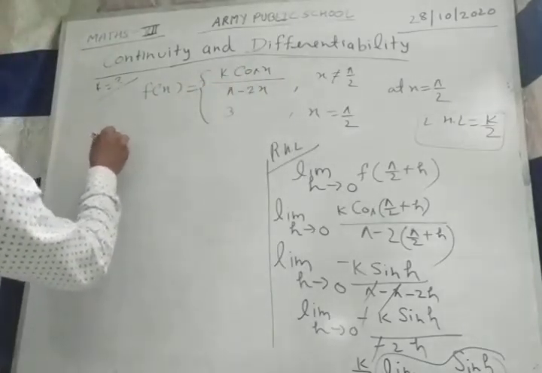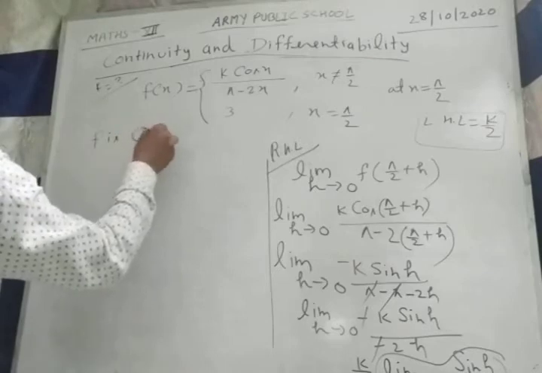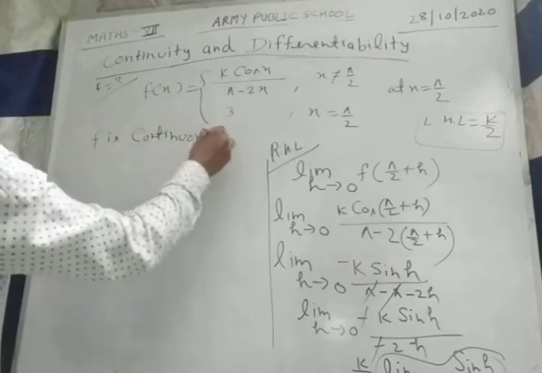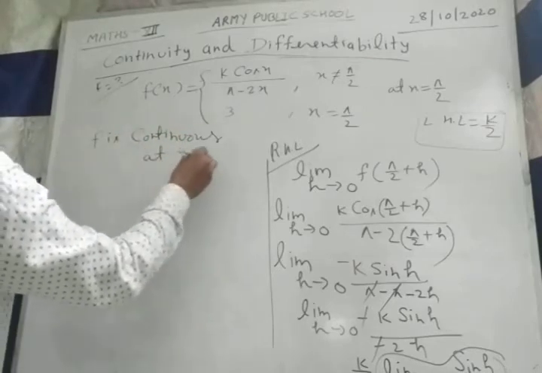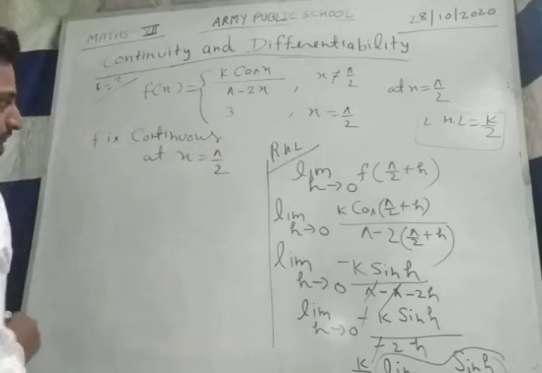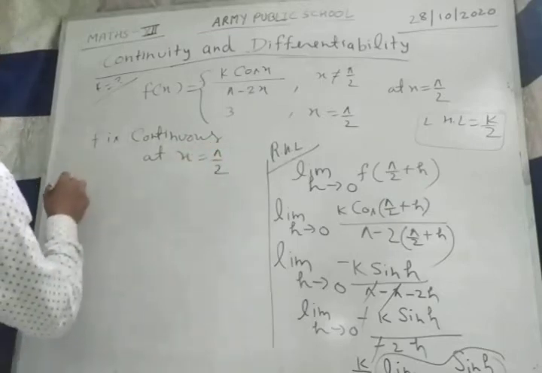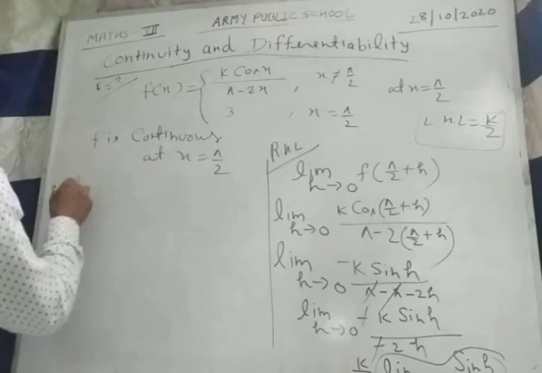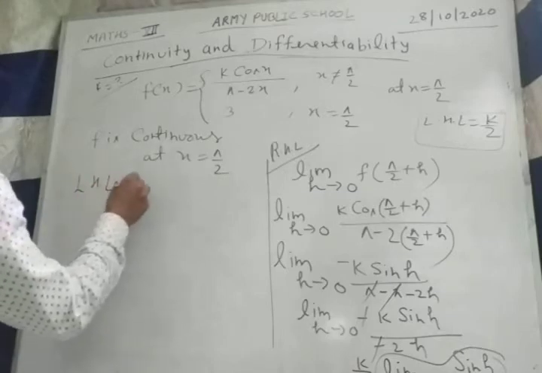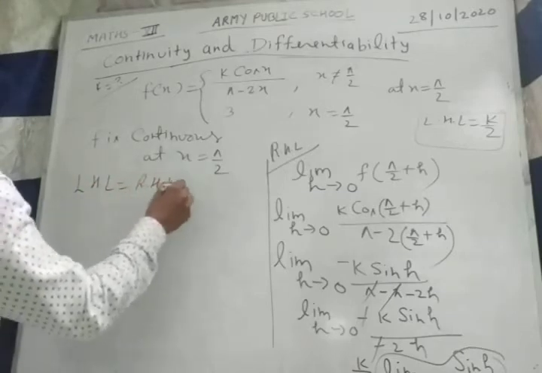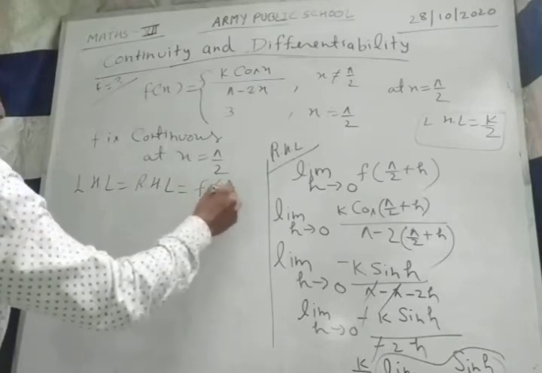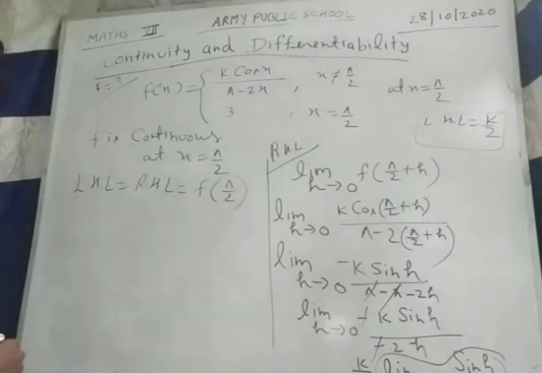We write function is continuous at x is equal to pi by 2. So we write left hand limit is equal to right hand limit is equal to f of pi by 2.